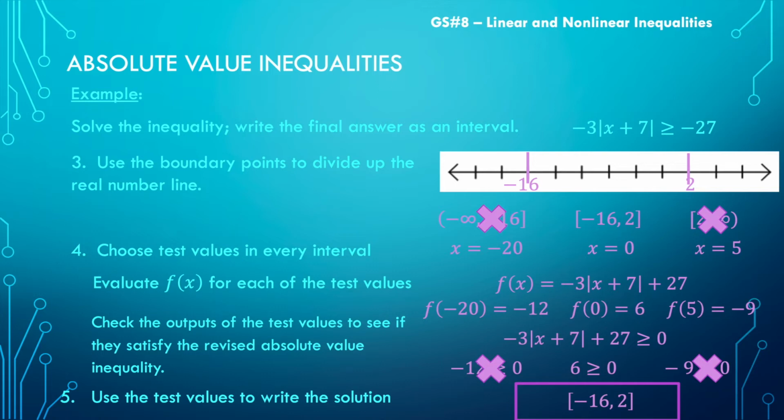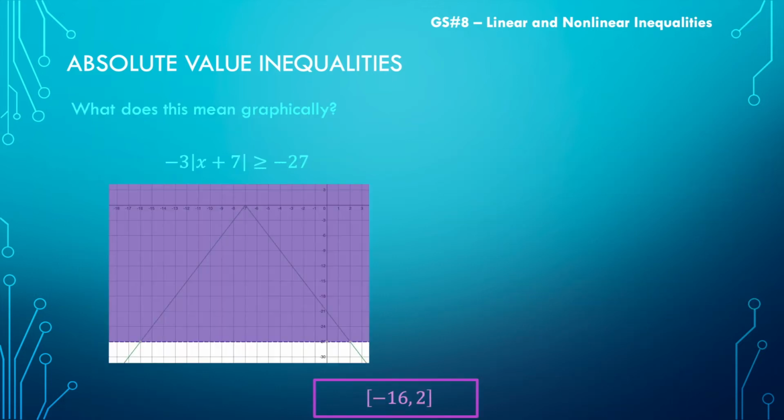Now, like I did before, I wanted to show you what this looks like on the graph. If we look at our original inequality, what you see here, this upside down V shape, is negative 3 times the absolute value of x plus 7.